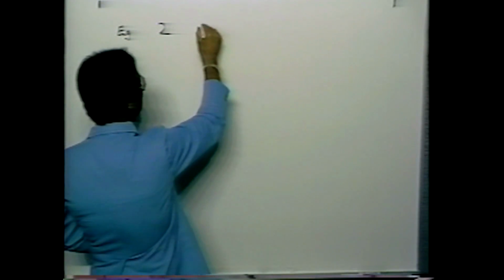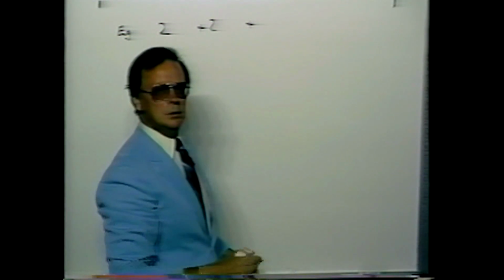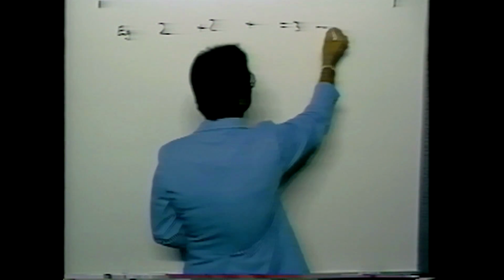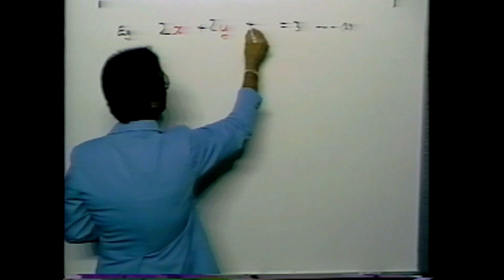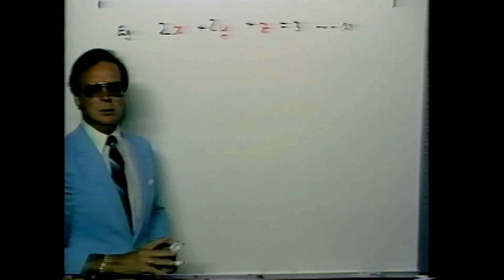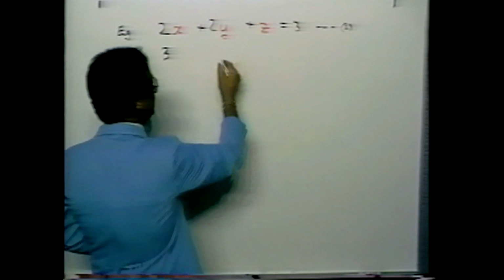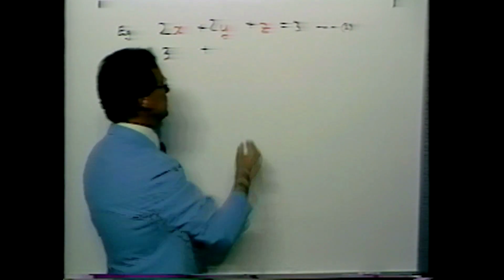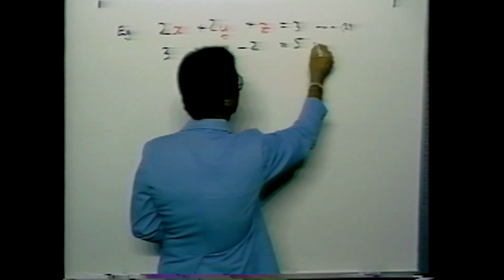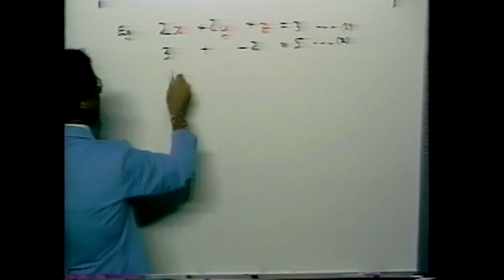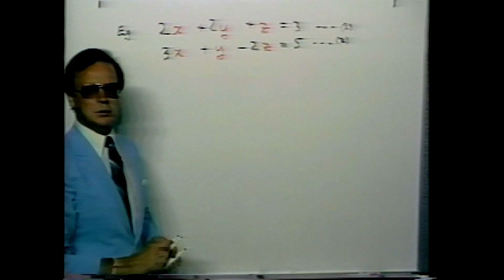So I have 2x plus 2y plus z equal to 3, and that is my equation 1. 2x plus 2y plus z equals 3. 3x plus y minus 2z is equal to 5, and that's my equation 2. 3x plus y minus 2z equals 5.